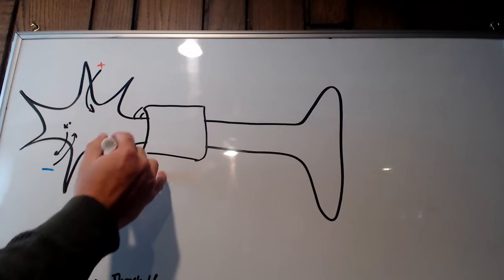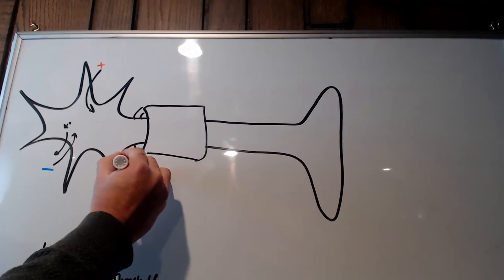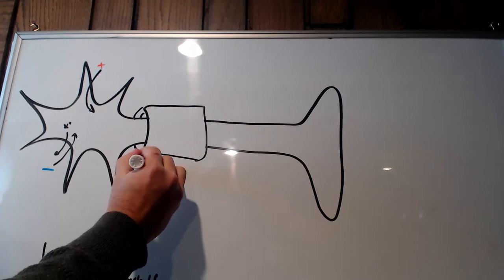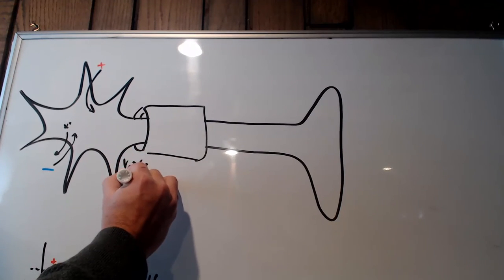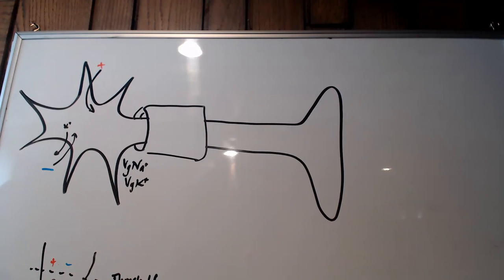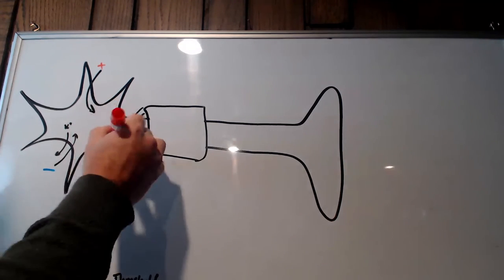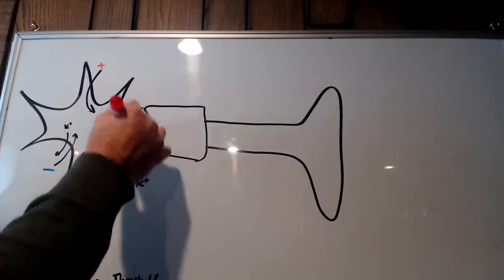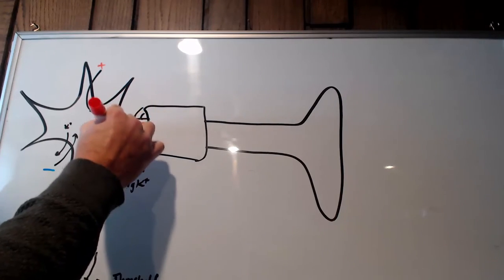at the axon hillock. We have voltage-gated sodium channels and potassium channels. And remember, potassium is going to leave, sodium is going to enter, that are going to open at the axon hillock, which will then cause a triggering of events that makes it so that we have this positive going in, which is going to spread positivity.